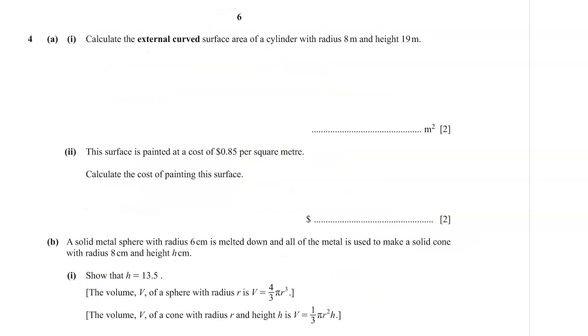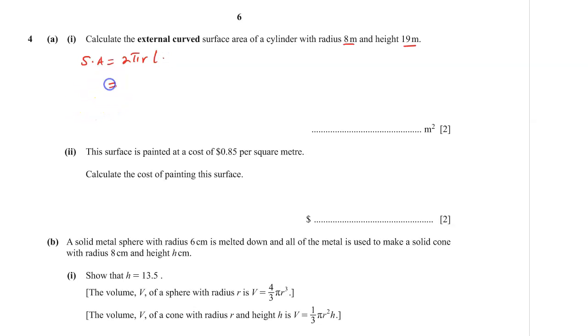Number 4. Calculate the external curved surface area of a cylinder with radius 8 meters, height 19 meters. So surface area is equal to pi RL, actually 2 pi RL.